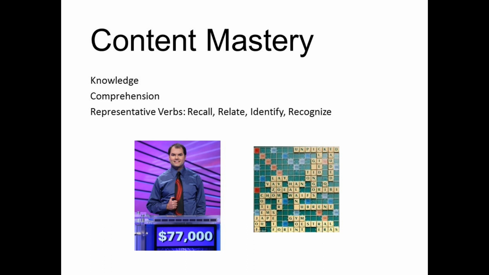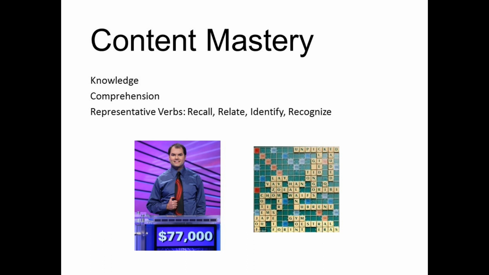The first one is content mastery. In Bloom's terminology, he talks about things like knowledge and comprehension. The representative verbs that he refers to are things like recall, relate, identify, and recognize. Content mastery is something that's very useful if, say, you want to be a Jeopardy champion.